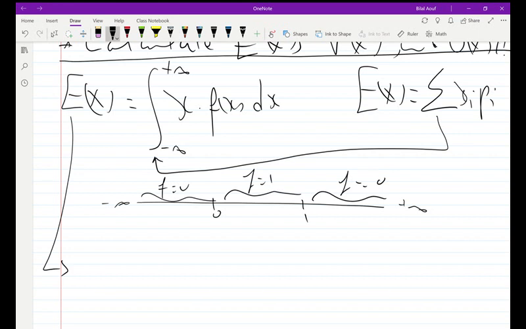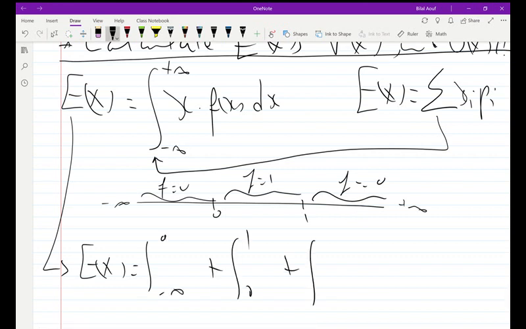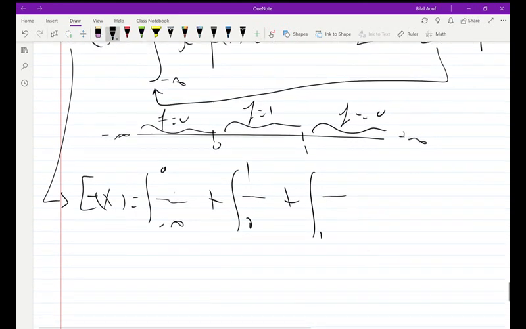So the mean can be written, as I did before, by splitting this integration into three parts: from minus infinity to 0, plus 0 to 1, plus 1 to plus infinity. In each you write f(x) dx.